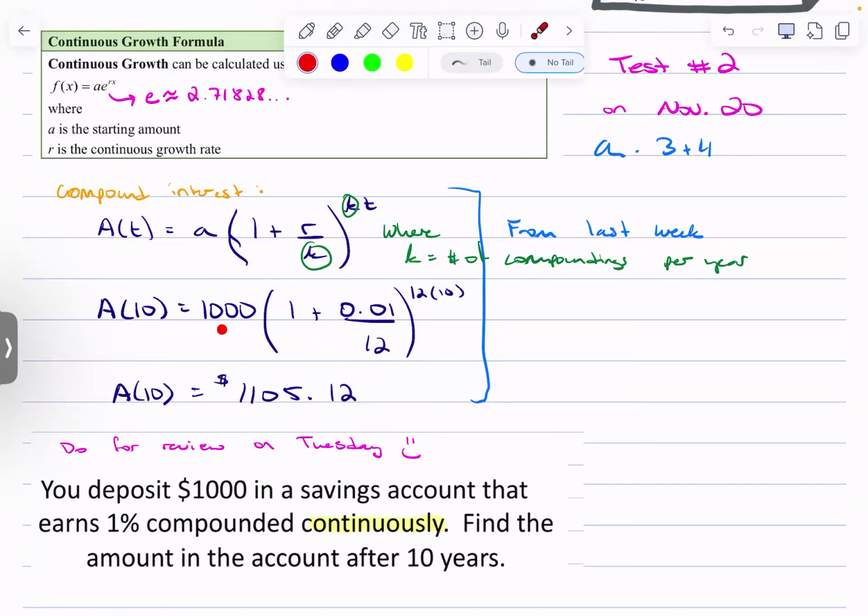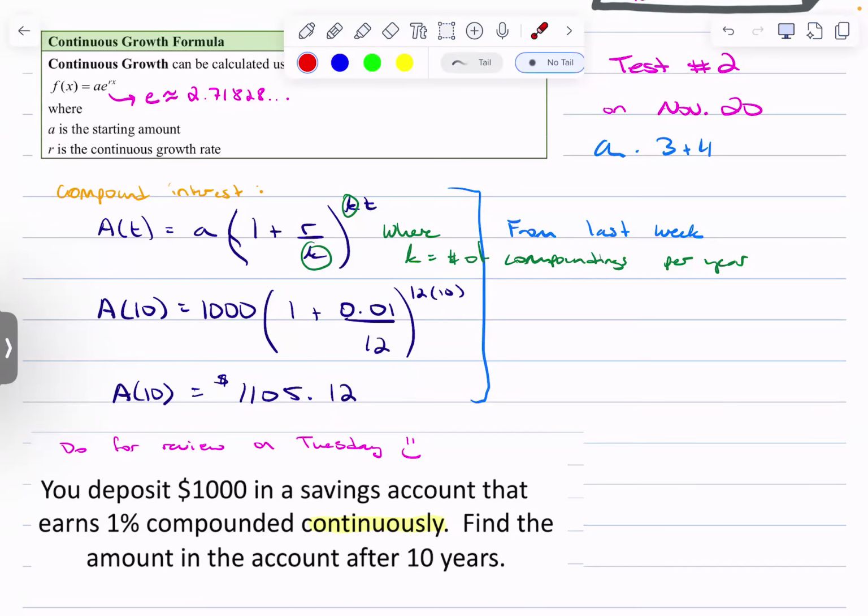We invested $1,000 at a rate of 1% compounded monthly for 10 years. How much are we going to have in the account after 10 years? We're going to have $1,105.12, which means that we earned $105.12 in interest.